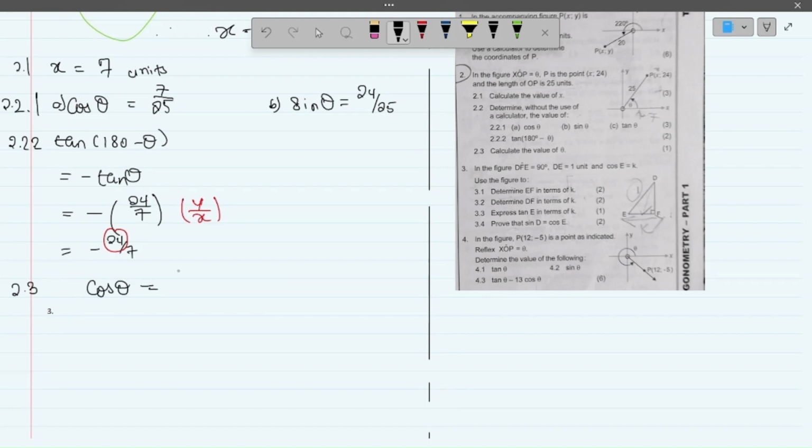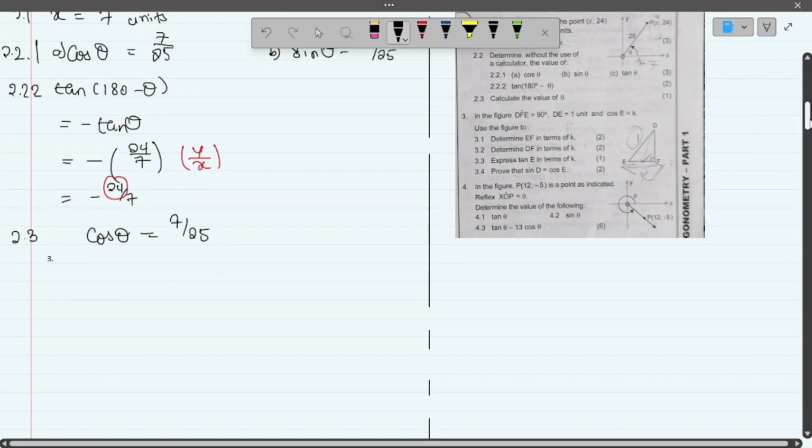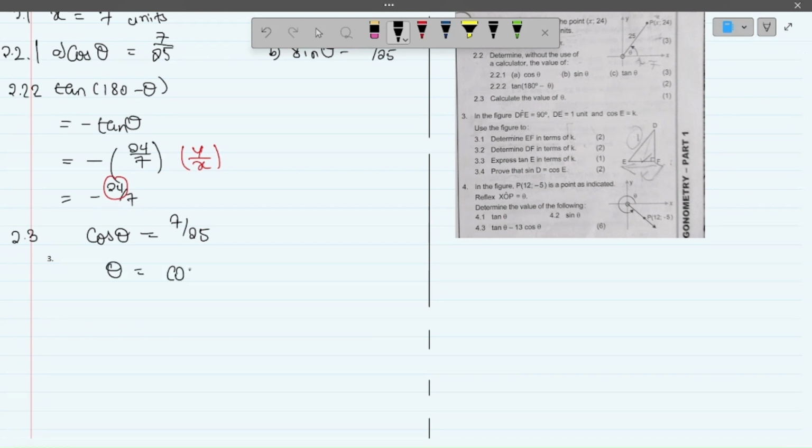It's going to be equal to 7 over 25. So to determine the angle of theta, just say theta is equal to the inverse of cos, 7 over 25.